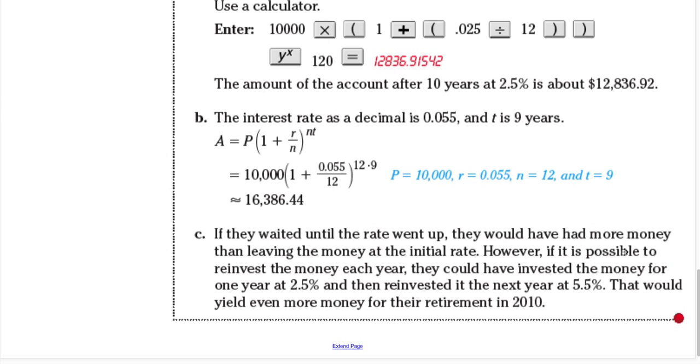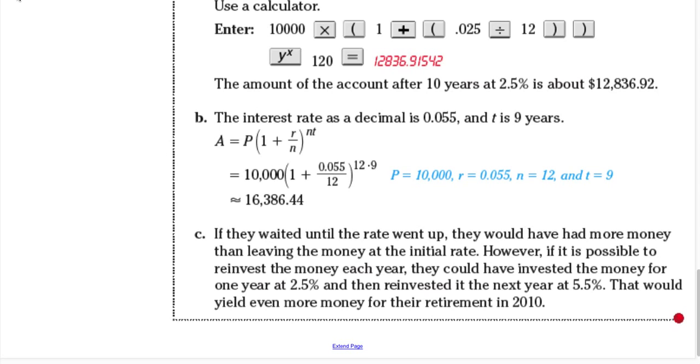However, if it is possible to reinvest the money each year, they could have invested the money for 1 year at 2.5%, so they don't lose that year, and then reinvested the next year at 5.5%. That would yield even more money for their retirement in 2010. And this is what your parents go through when they invest their money in the stock market, to see which is the better deal.